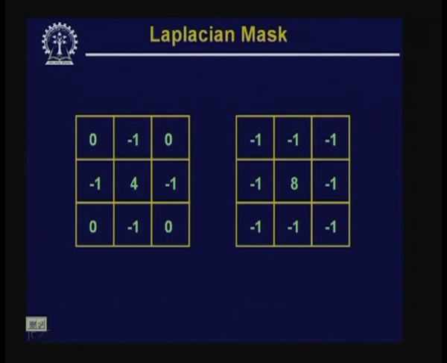So, now first of all, we will consider the smoothing frequency domain filters or low pass filters in the frequency domain. Now, as we have already discussed, edges as well as sharp transitions like noises lead to high frequency components in the image.